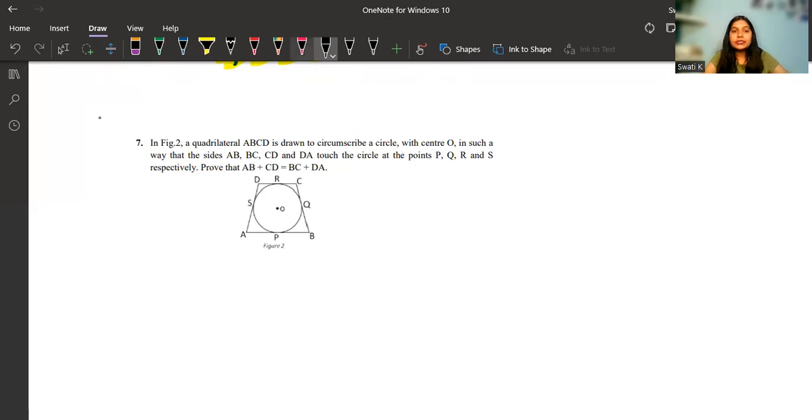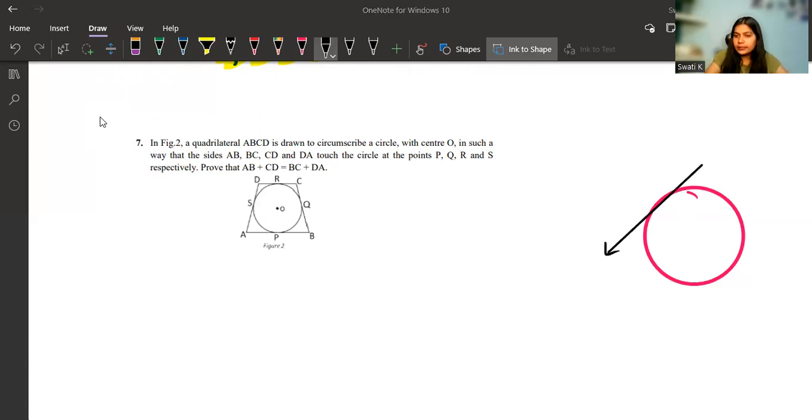Now, the very first thing that I want to tell you here is, whenever we are talking about a circle and we have a line which passes through the circle at one point, that line is called a tangent. Now, suppose there is another line passing through like this.